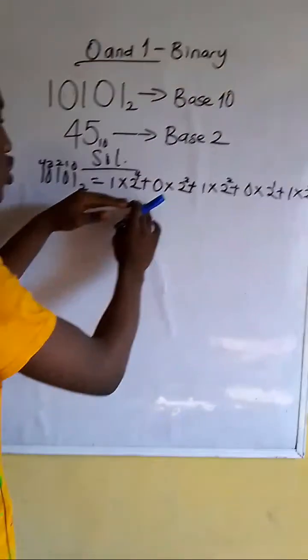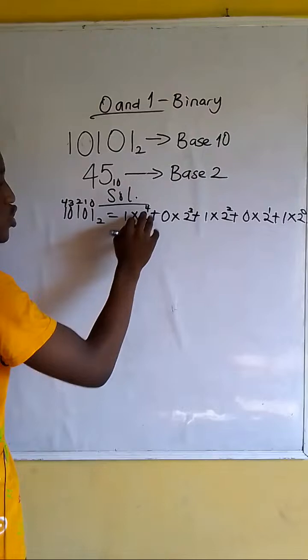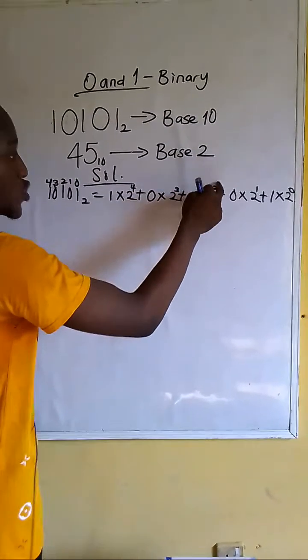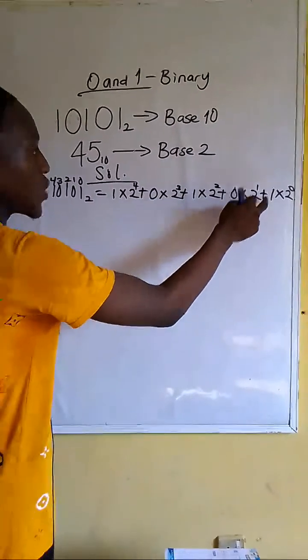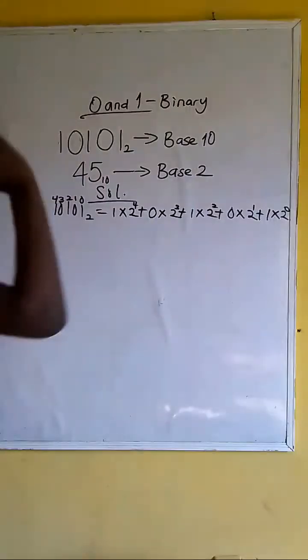The next step is kind of simple. We just work it out the way it is. So here you have 1 times 2 raised to the power of 4, plus 0 times 2 raised to the power of 3, plus 1 times 2 raised to the power of 2, plus 0 times 2 raised to the power of 1, plus 1 times 2 raised to the power of 0.